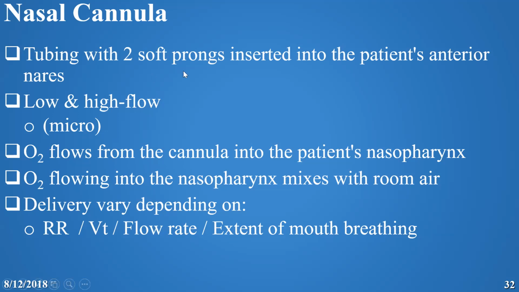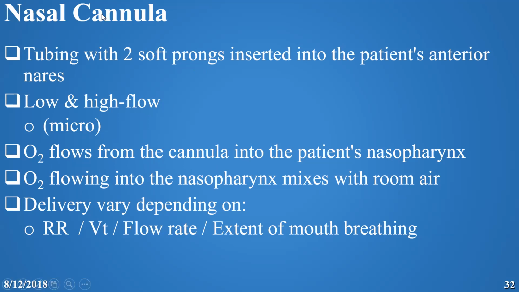The importance of nasal cannula or prongs, if it's long, is to provide the oxygen directly to the baby. We are not covering the mouth or the nose, so we can use it for long-term oxygen support. It flows the oxygen directly to the nasopharynx, and therefore it mixes with the room air coming from the mouth.